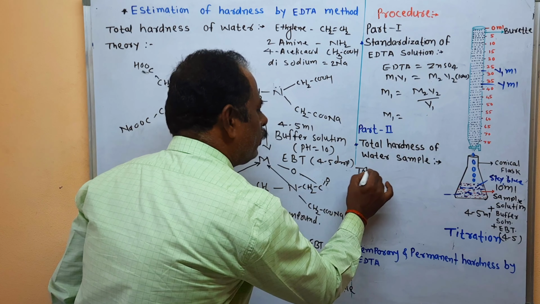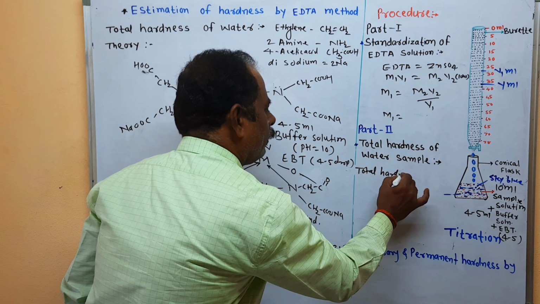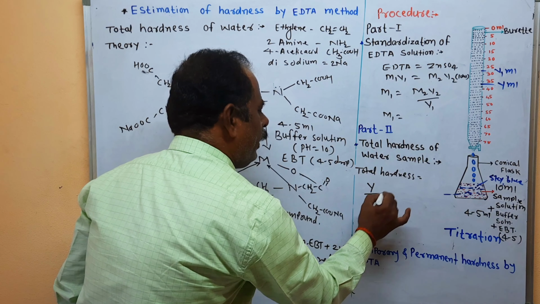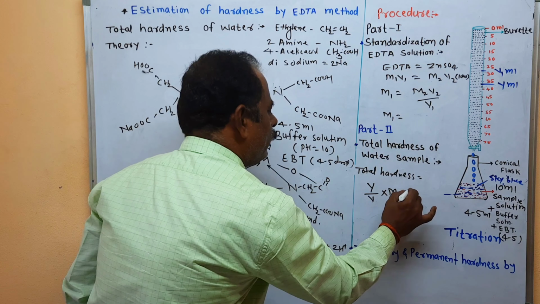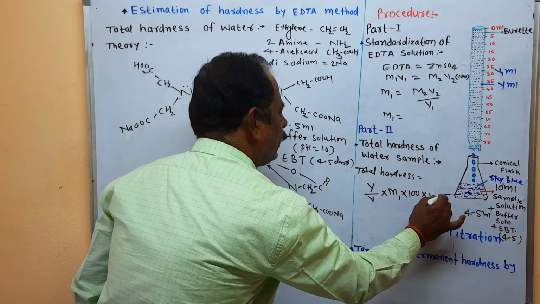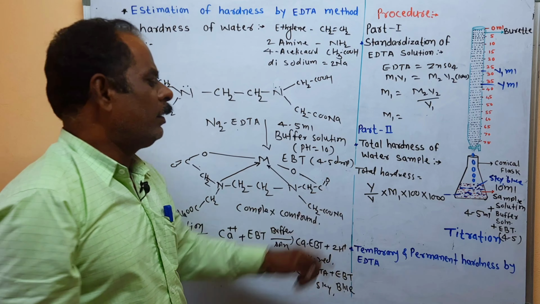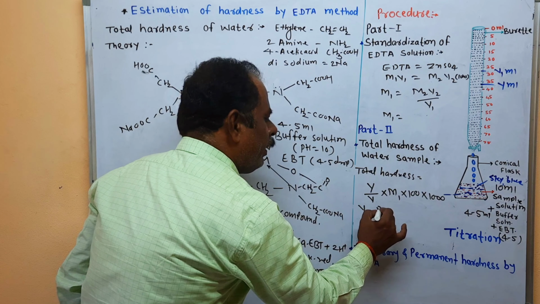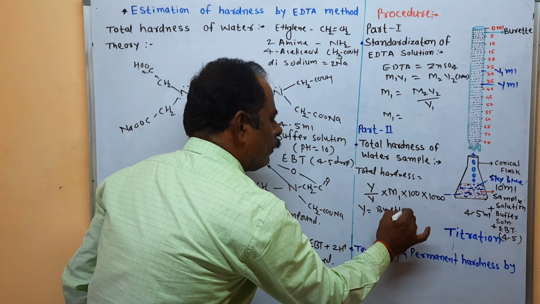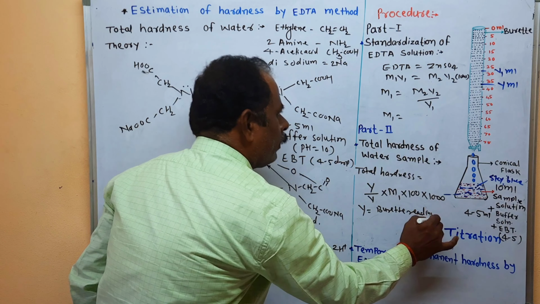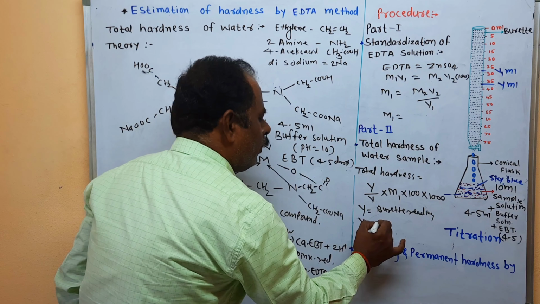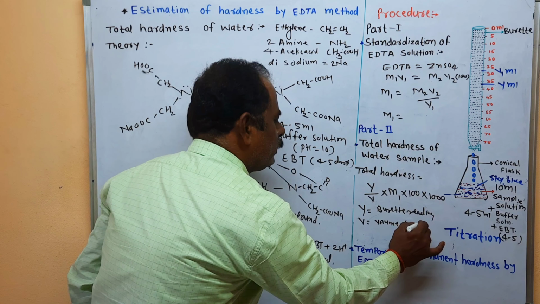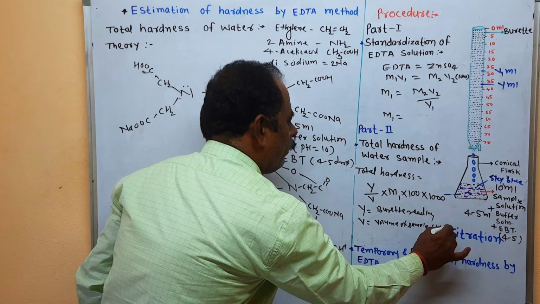Total hardness is equal to Y upon V into M1 into 100 into 1000. What is the Y here? Y means the volume of EDTA, that is the burette reading. What is the V here? V is the volume of sample, how much? 10 ml.